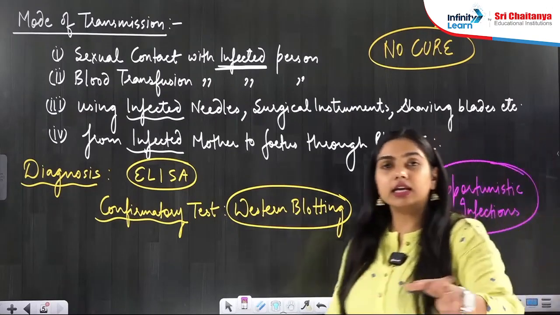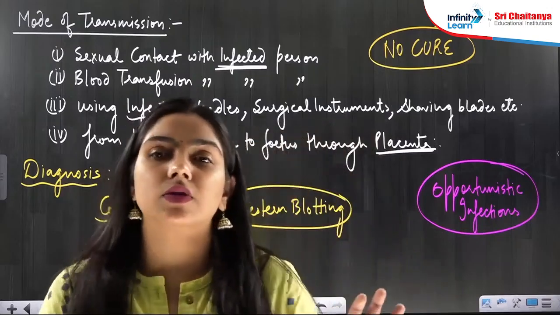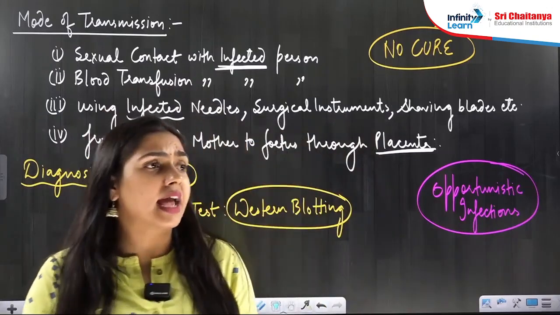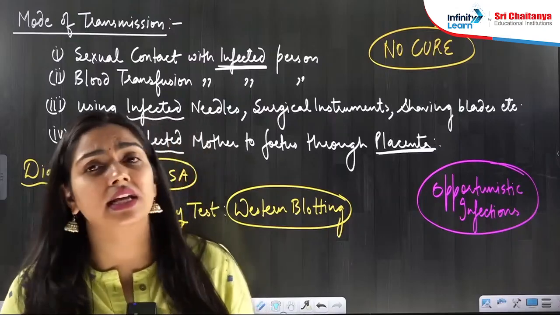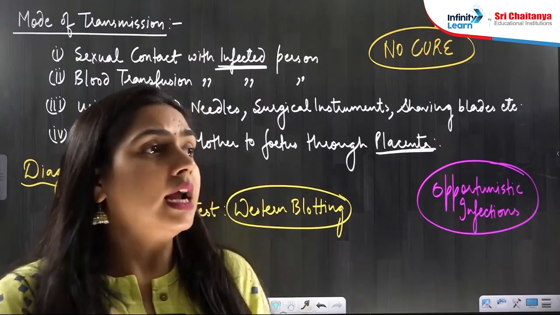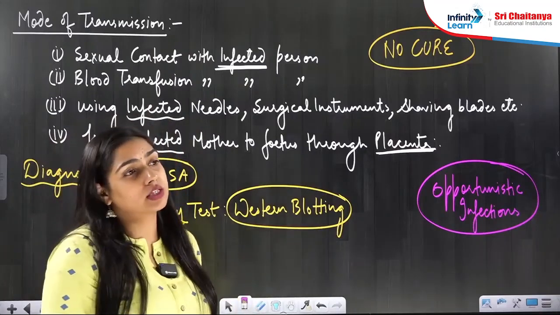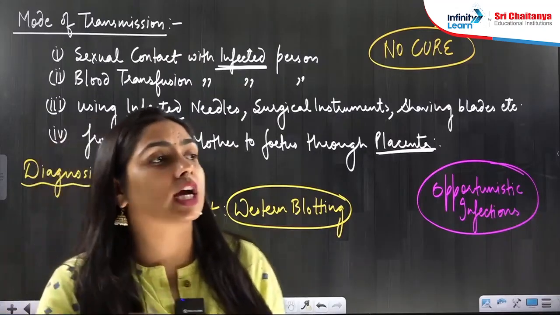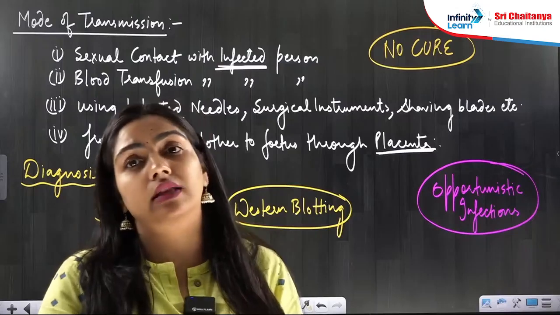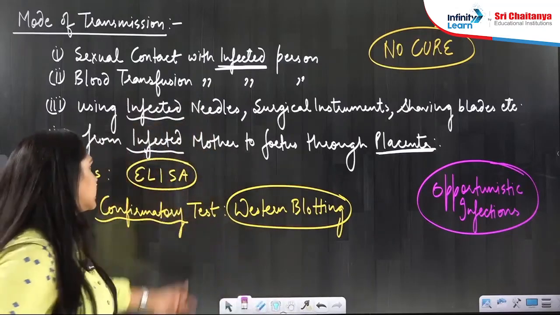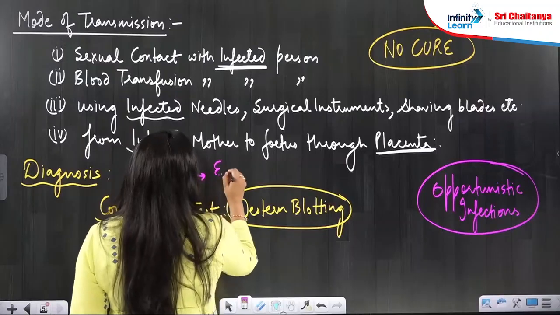If any other disease is occurring, the symptoms of that disease will come. So a group of symptoms will be coming. Diarrhea, pharyngitis, many symptoms will be there depending upon which other pathogens are coming. Okay, ELISA. Let me tell you the full form.